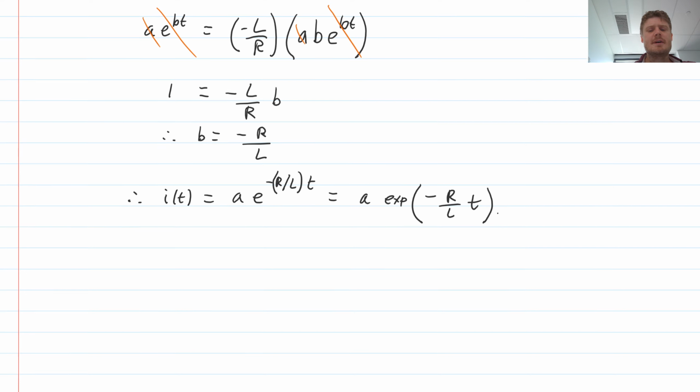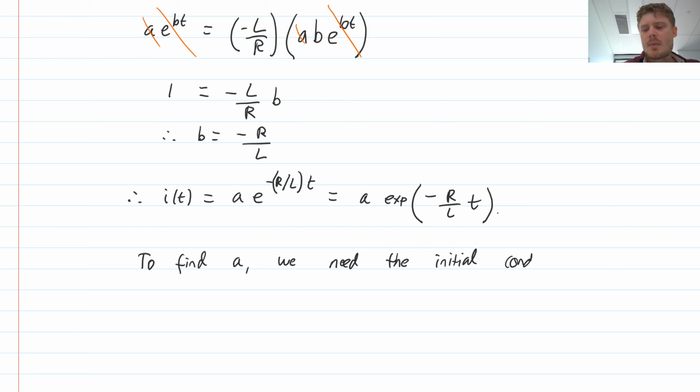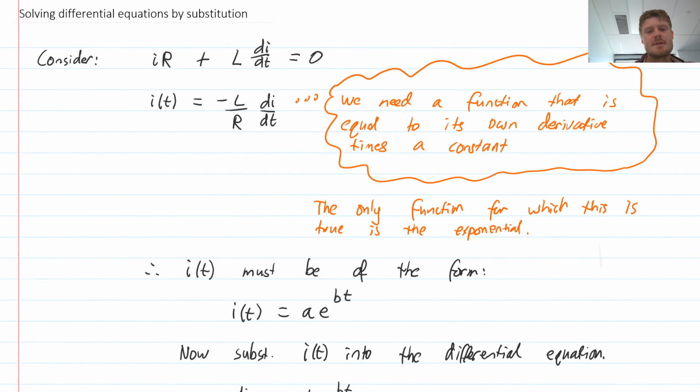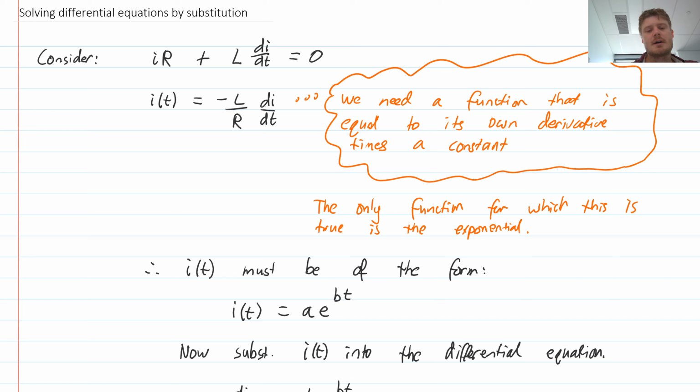So how do we find the coefficient A? For that we need the initial condition. Every differential equation requires initial conditions. First order differential equations require a single initial condition. So this is a first order DE, so we need one initial condition.